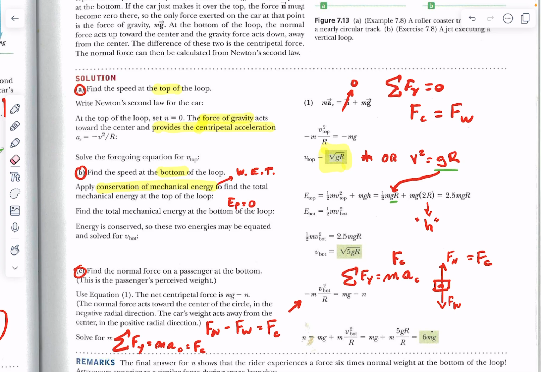What I should say then is that my centripetal force is no longer due to the force of tension, but only due to the force of weight. So in this particular case, the force of weight alone is the centripetal force.